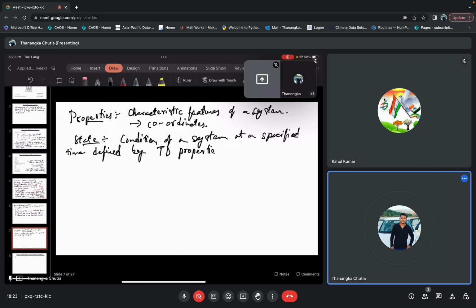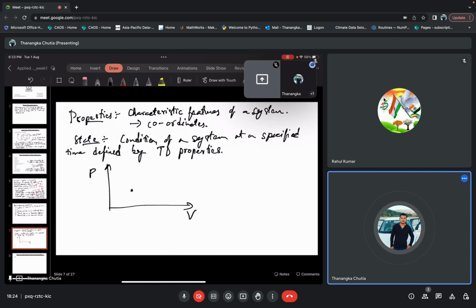Okay, so suppose this is a PV diagram and this is one point on this diagram. This point will have two coordinates.